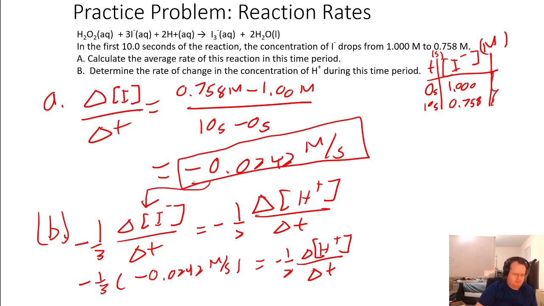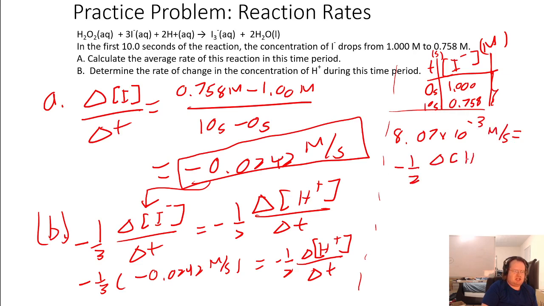Negative times negative is positive, so I have 8.07 times 10 to the negative 3 molar per second is equal to negative 1/2 of my change in H plus over my change in time.